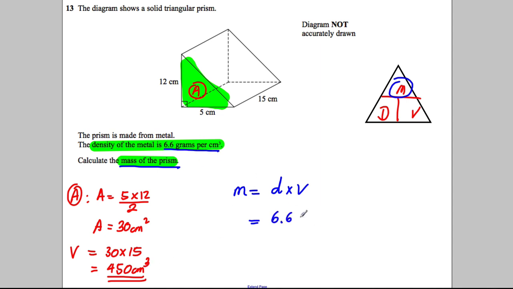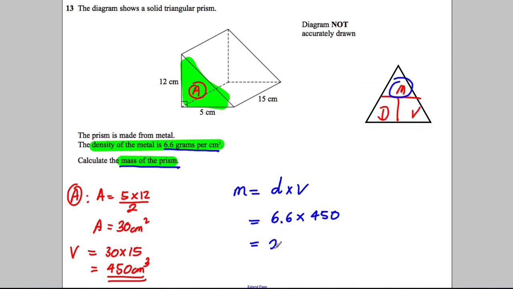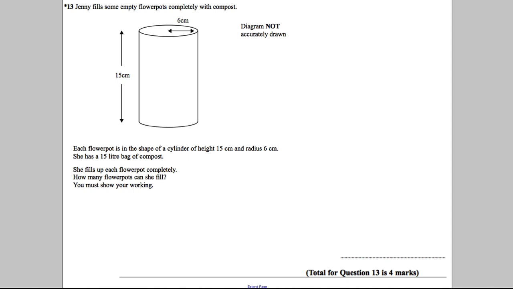We multiply it by our volume that we worked out, 450, and we get the calculator. 6.6 multiplied by 450 is 2970. So 2970, and the unit we've been using is grams. So because it's mass, it's in grams, so we write grams. And we're done. The last one, so pause the video, see if you can have a go at this one.